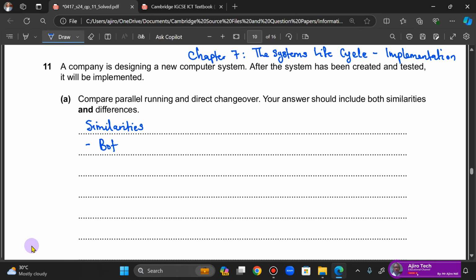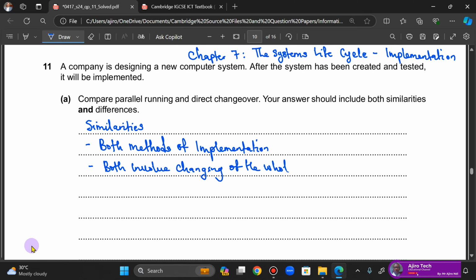And both of them involve changing of the whole of the old system to a new system.